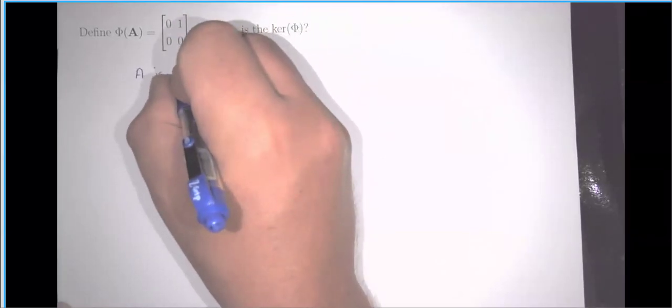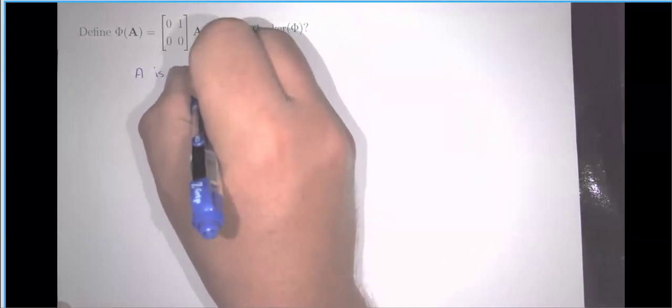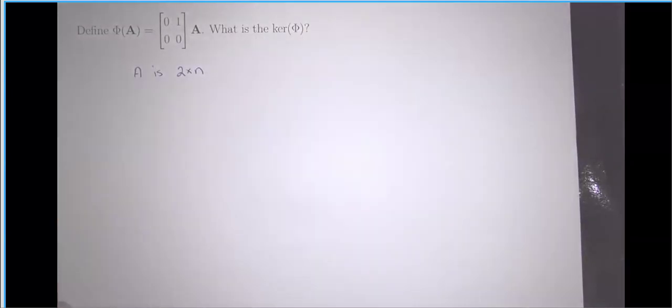A must be, if we're multiplying by a 2 by 2 matrix, 2 by n: 2 rows, as many columns as we'd like. And since the kernel is going to map to 0, we'll just do this by example.